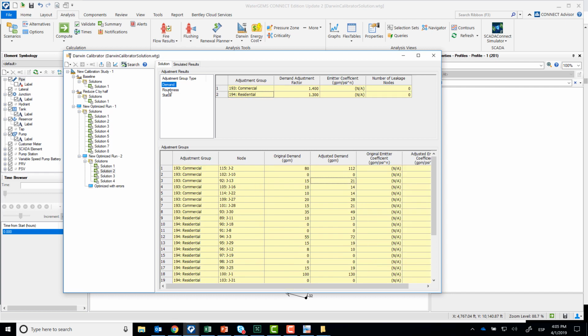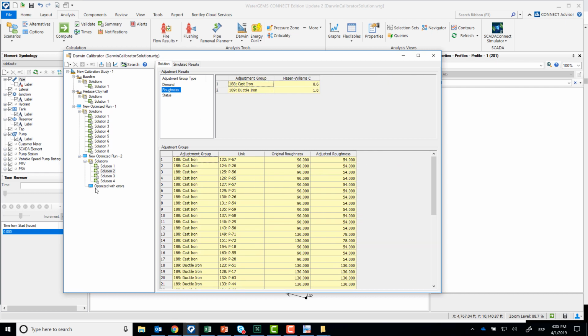Oh, same modification for the demands. This one only lowered those by 0.7, and left the ductile iron at 1. So it seems like, either way, that is the consensus: ductile iron should not change its roughness and cast iron should a little bit.